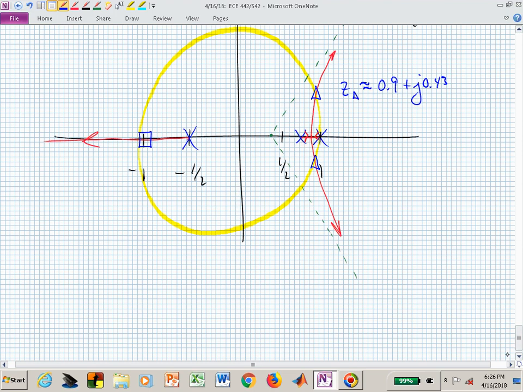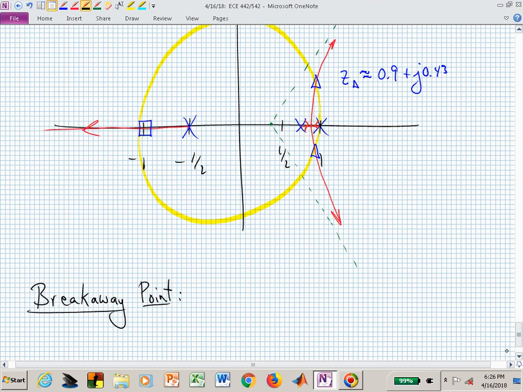But how would I find where that actually breaks away between 0.75 and 1? How do I find that breakaway point? Now I'm looking for more details. What do we use to determine the breakaway point? Pardon? The geometric mean.